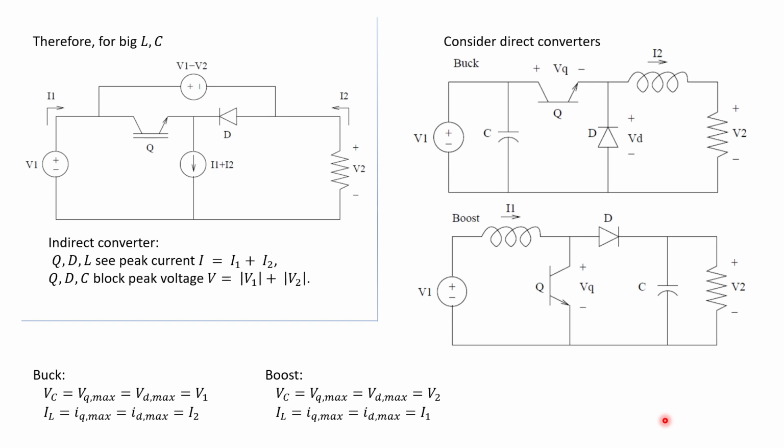But if V2 is like 5 times V1, then you have 5 plus 1 becomes 6, so 5 and 6 are not so much different. So actually the component size will be very different if the conversion ratio is not too big.